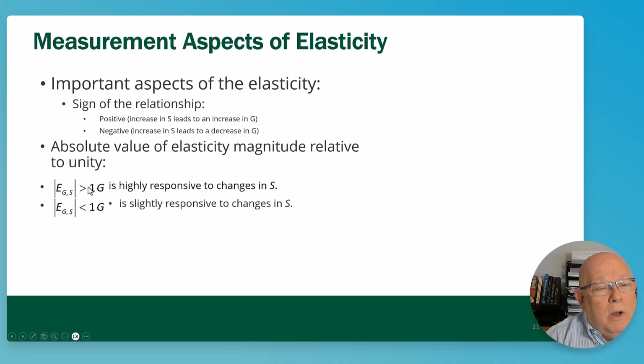And then we also want to know the absolute value of that number. If the absolute value is greater than 1, that means it's very elastic. It means that G is highly responsive to changes in S. If the absolute value is less than 1, then it's slightly responsive.